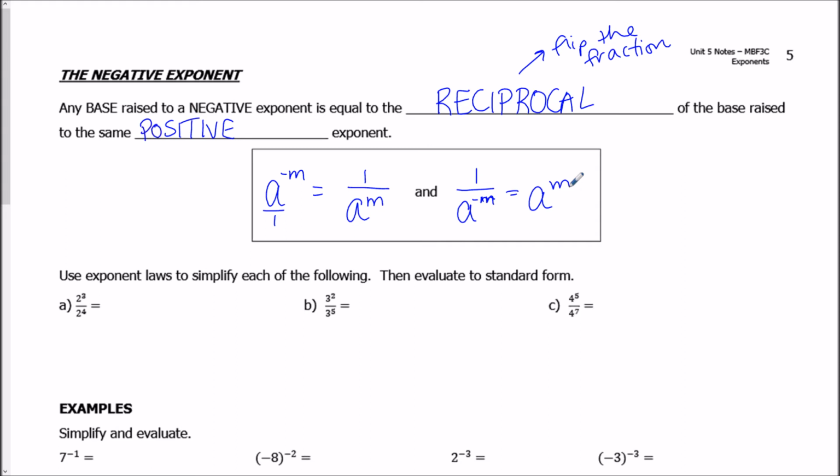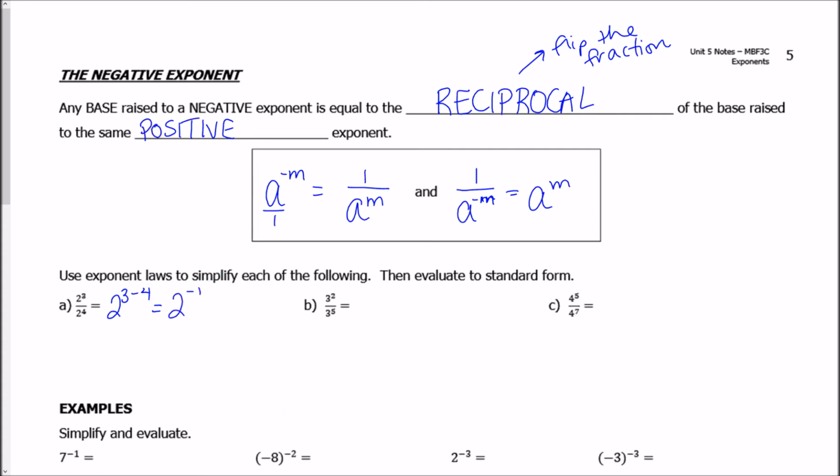Okay, so the next question says to use exponent laws to simplify each of the following, then evaluate in standard form. So when we divide, we need to subtract our exponents. So I get 2 to the power of 3 minus 4, so I get 2 to the power of negative 1.